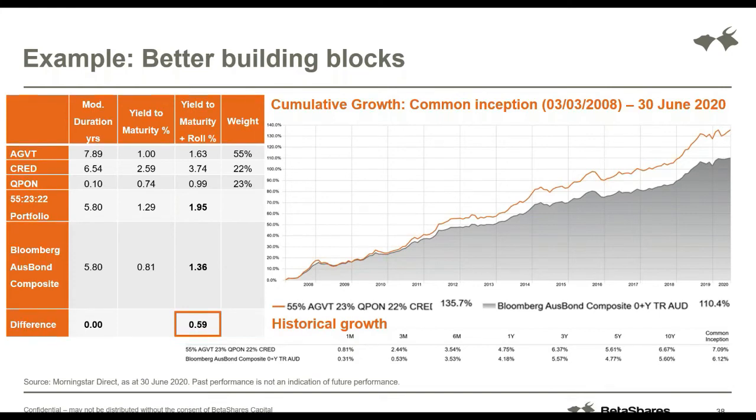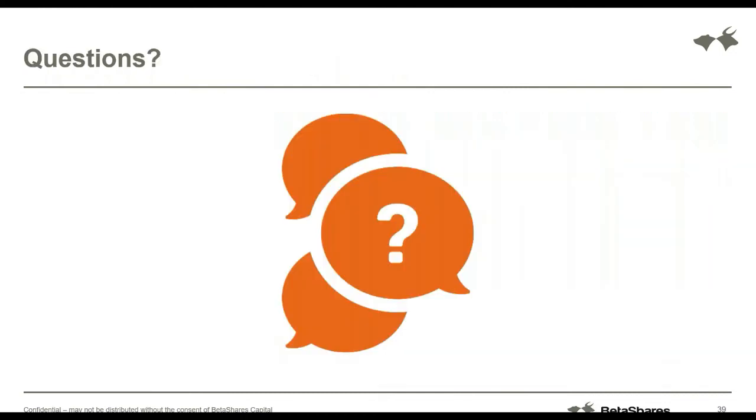But with the better index methodologies, whereas the composite is punching out a total return of 136, the better building block approach is producing a result of 195. So that's 59 basis points higher. And in this low yield world, that equates to a 43% pickup in your return. Again, that's just an example of the better building block approach versus the composite. We're very happy to do that analysis for you on some active managers also.